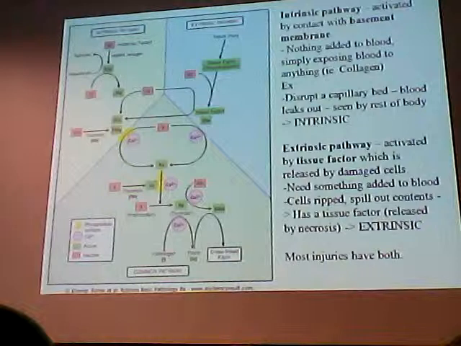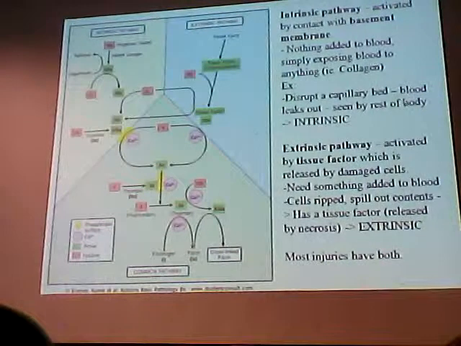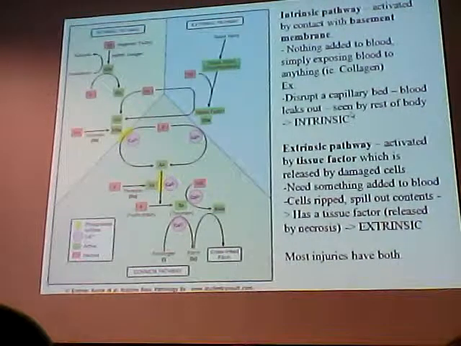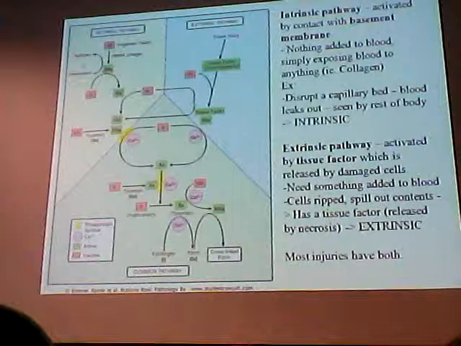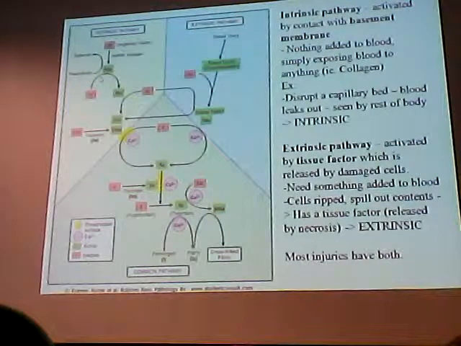So you're disrupting a capillary bed, and blood leaks out, and that blood gets in contact with some part of your body that it normally isn't touching, and then it'll activate that intrinsic pathway up over here.